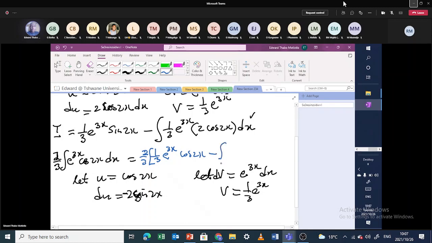We substitute v, 1 over 3 e to the power 3x, now multiplied by this dx here, multiplied by minus 2, then that minus 2 here will make this one positive. And then I can just put the 2 outside here, so this will be sine 2x dx.